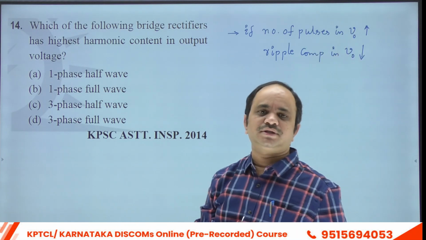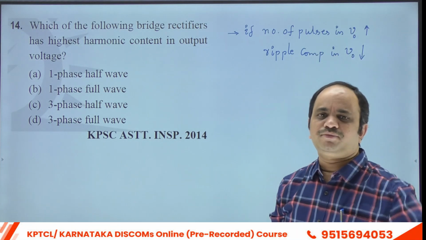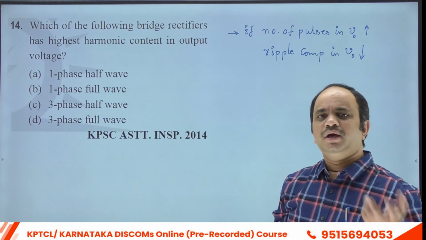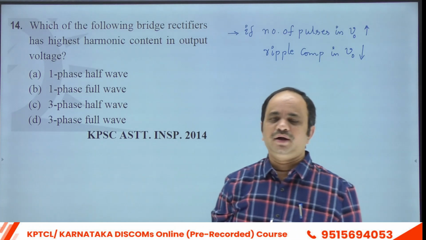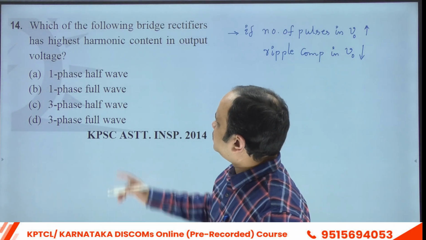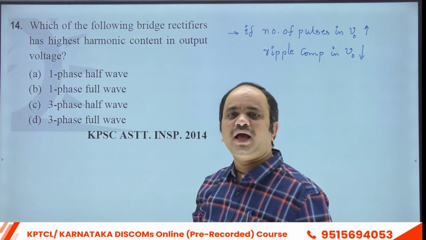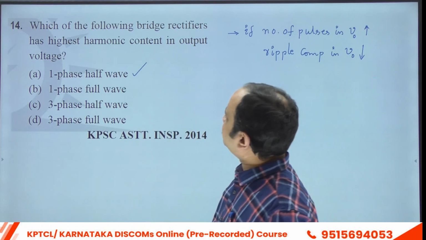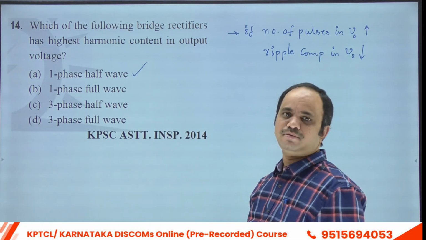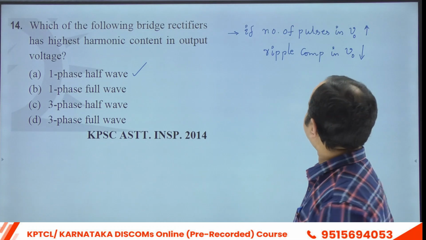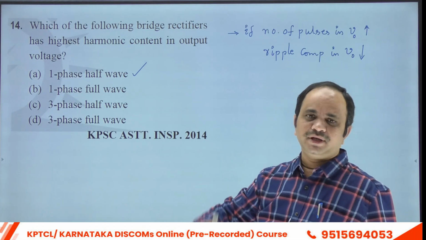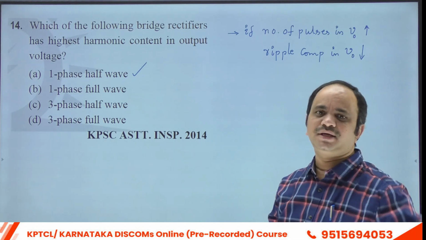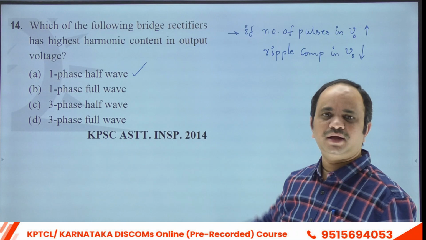So higher the number of pulses, lesser the ripple component, and ripple component is nothing but harmonic content. In all of these circuits, the single phase half wave rectifier has the least number of pulses. Therefore, this circuit will have the highest harmonic content. Lesser the number of pulses, higher the harmonic content. So, that is the answer.